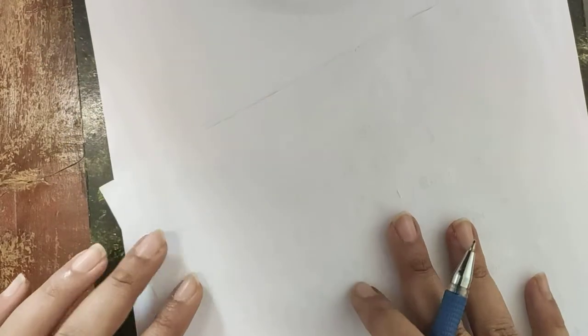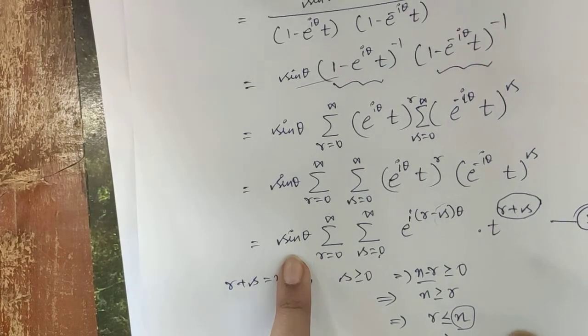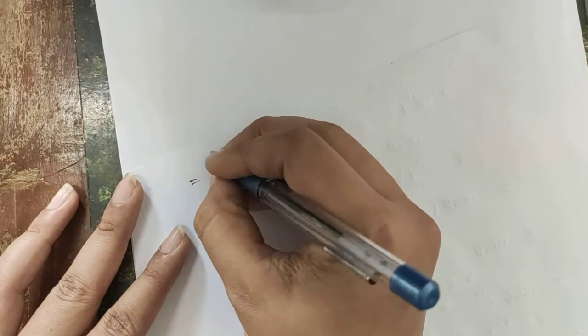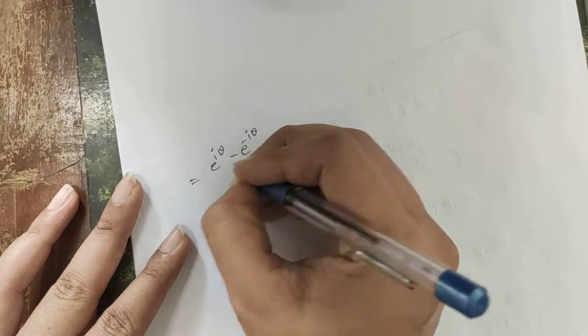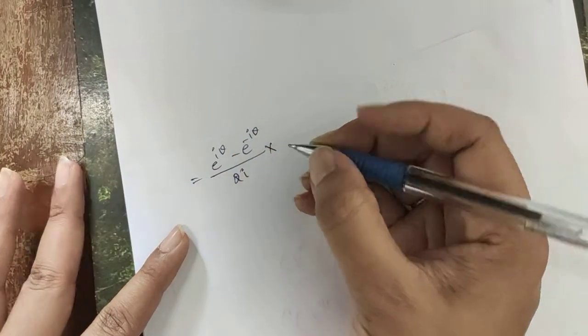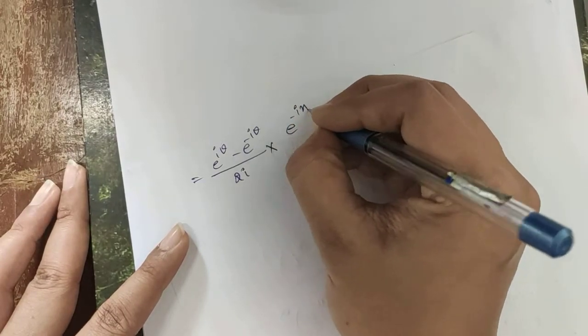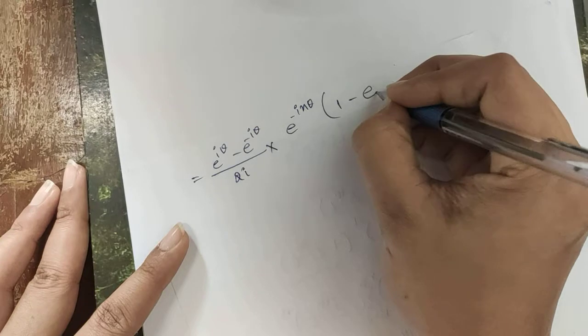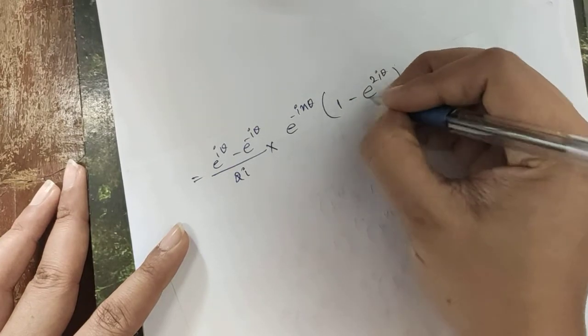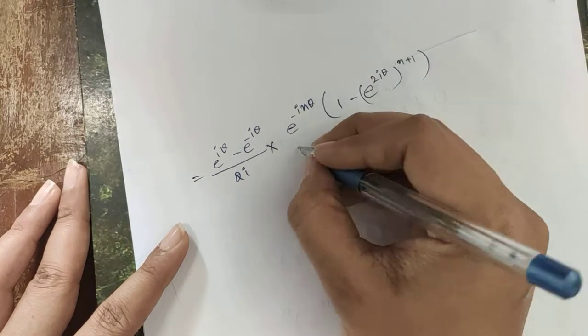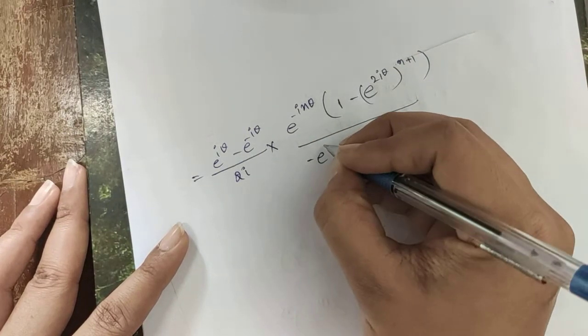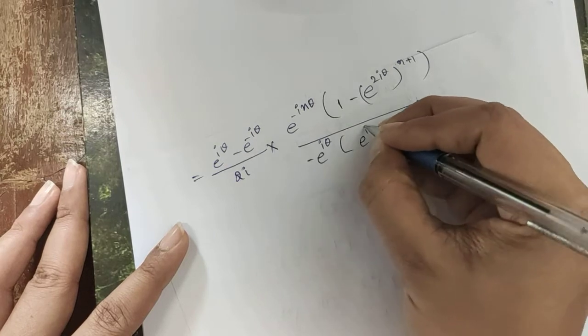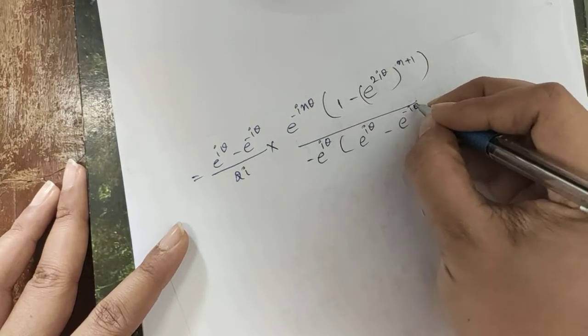Okay. So to find the sum of the series, we know the formula. Let's substitute that. Before that, I know we can express sin theta using exponential form also, right? So let's do that first. (e power i theta minus e power minus i theta) whole divided by 2i into e power minus i n theta into (1 minus e power 2i theta) whole power n plus 1 divided by minus e power i theta into (e power i theta minus e power minus i theta).